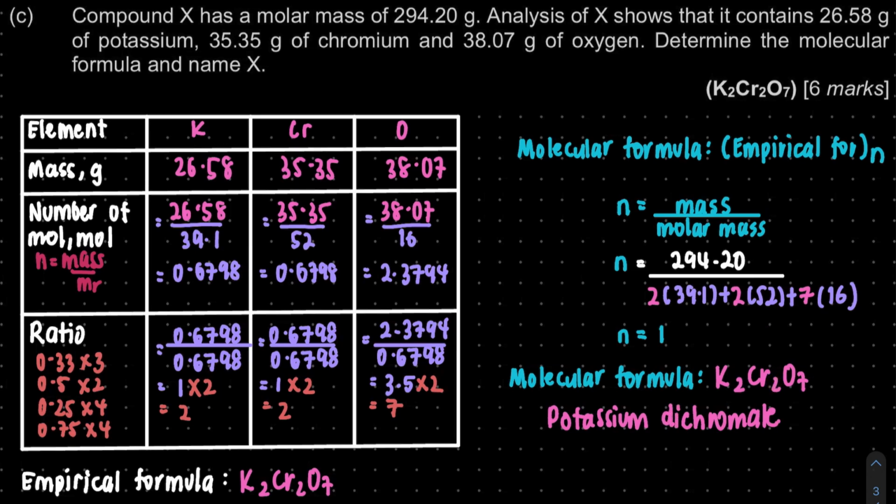So I think that's the tricky part. Actually, the tricky part of the question is the naming. How to determine the answer is quite simple, where you have to determine the empirical formula, which is basically you have to remember the periodic table. So that is the solution for question C.